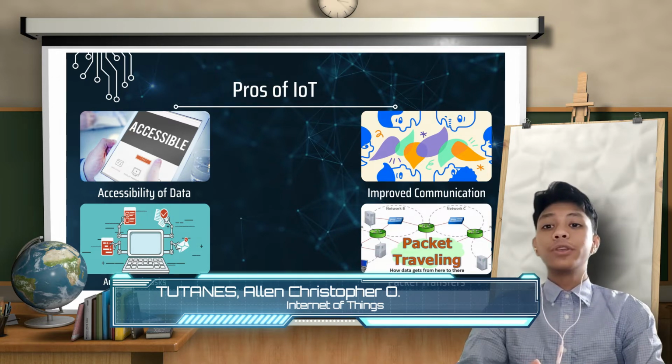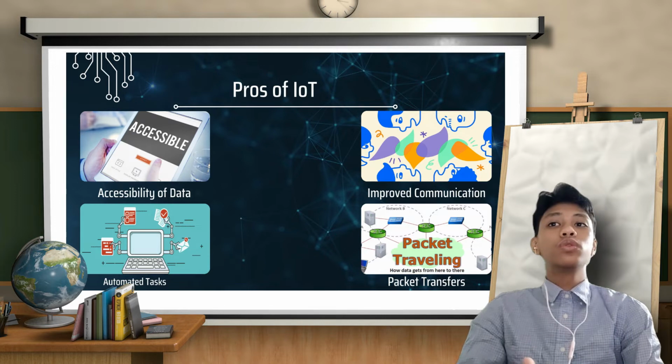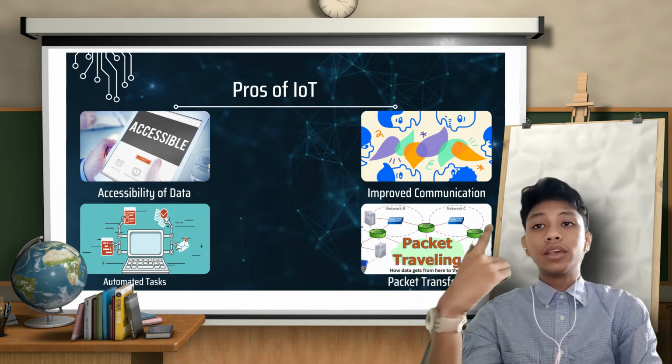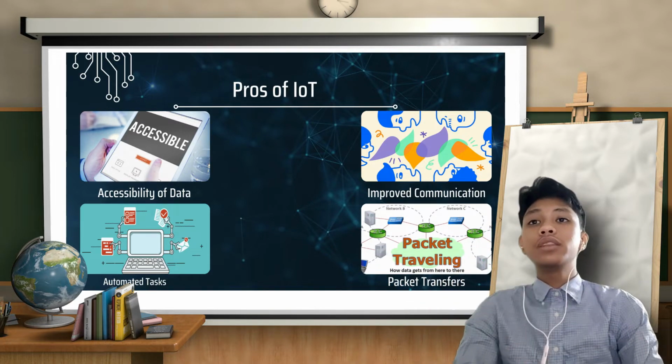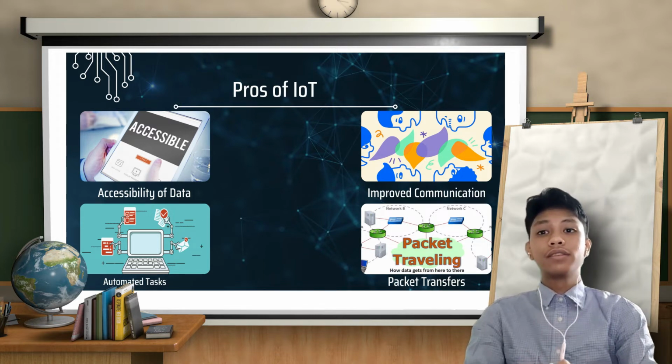So to continue off with your discussion, I would like to give some advantages and disadvantages of IoT. So what are some advantages of this? Some advantages include the following. First is accessibility of data. We have the ability to access information from anywhere at any time on any device.